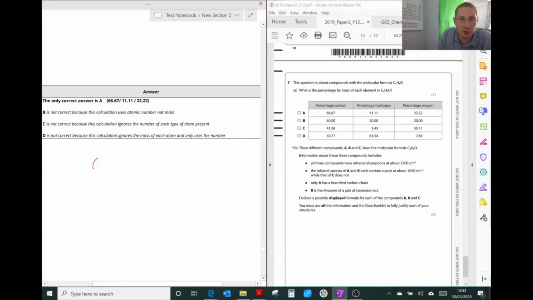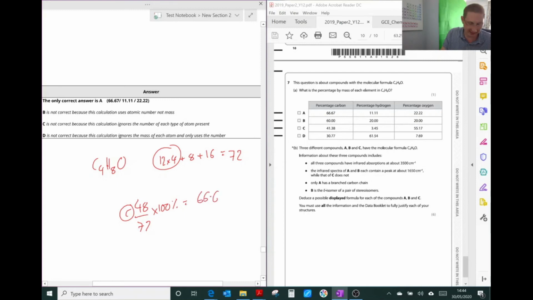Okay, so C4H8O, the total mass of that is 12 times 4 plus 8 plus 16, which equals 48 plus 8 plus 16 equals 72, of which 48 over 72 is carbon, so that is 66.67%. So instantly A is right. There we go.